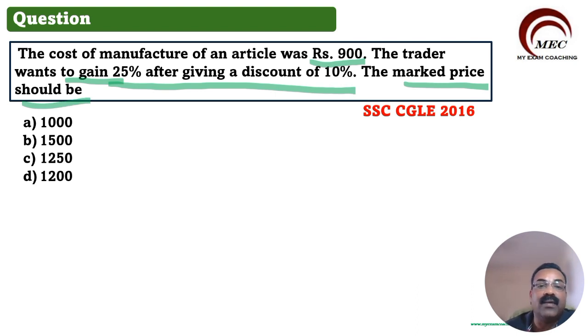Now see, manufacturer, see CP, he bought the article for how many rupees? He bought the article for CP, he bought it for rupees 900.